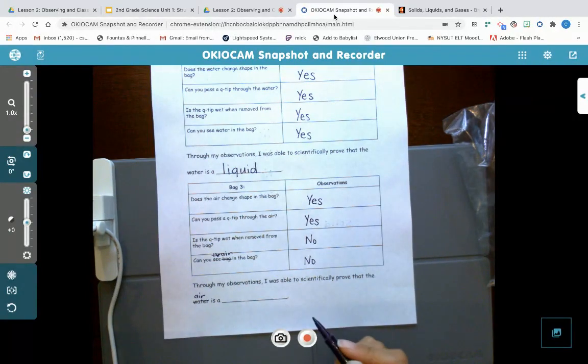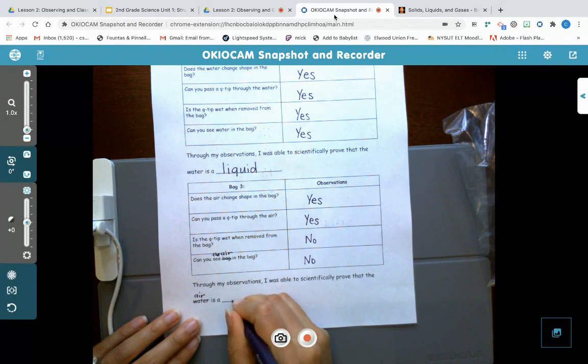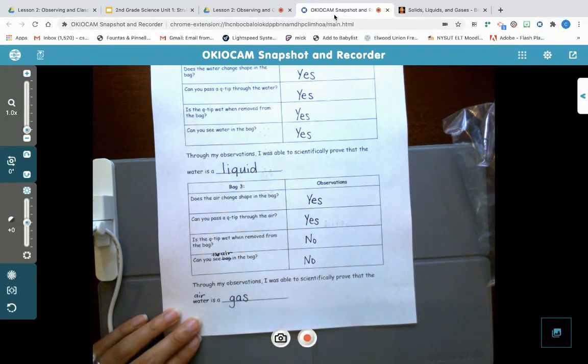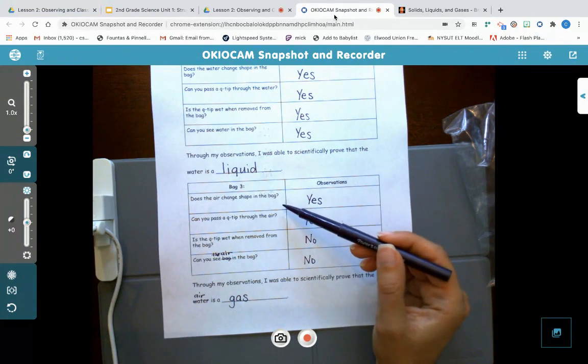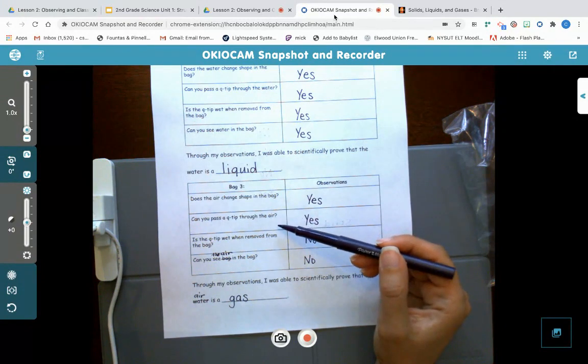All right, time is up. Stop, look, and listen. So did you write that the air is a gas? Hey, and maybe you said something like this. I was able to scientifically prove that the air is a gas because the air changes shape. I can pass another object through it.